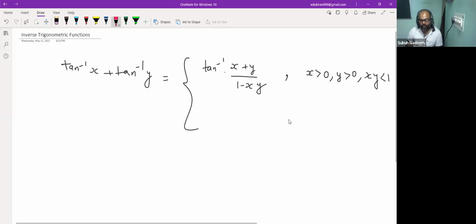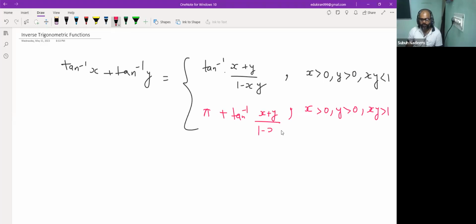Then we have x positive, y positive, and xy greater than 1. So in that situation, the identity becomes pi plus tan inverse of (x plus y) by (1 minus xy).